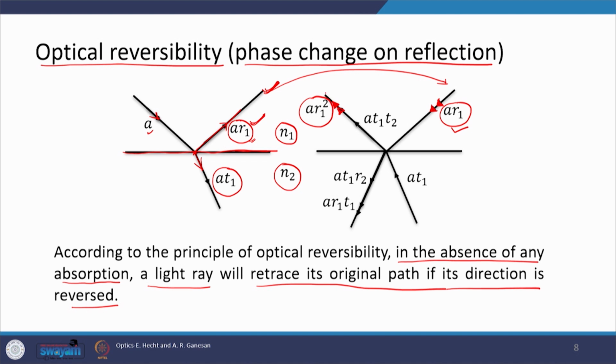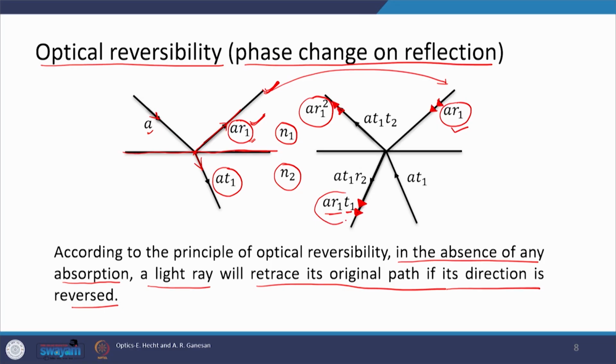But apart from the reflection, a part will get transmitted, and the transmission coefficient is T1, and therefore the amplitude of the wave which has transmitted is A into R1 into T1. Here again we are multiplying with the amplitude transmission coefficient T1. A R1 was the initial amplitude and A R1 into T1 is the final amplitude of the transmitted wave.